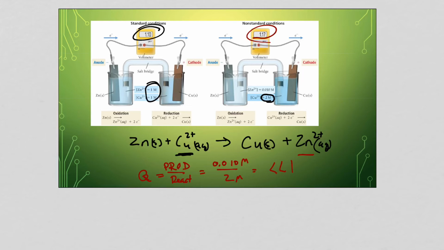In other words, we're going to try to make the copper and get rid of the zinc, trying to get back to equal concentrations, if you will. But the reaction is going to be driven in reverse, and we would end up with a potential less than the standard potential. So this is the idea that if we operate under non-standard conditions, we can estimate what's going to go on here.